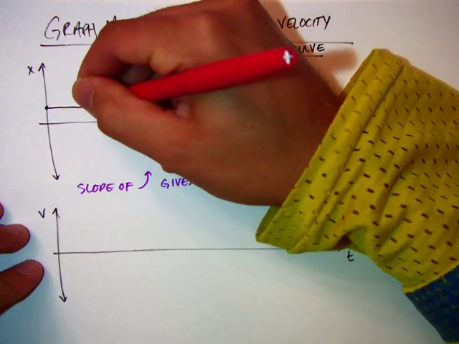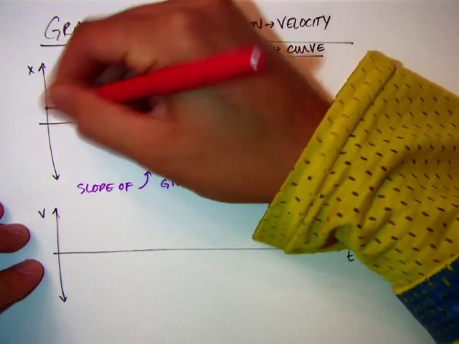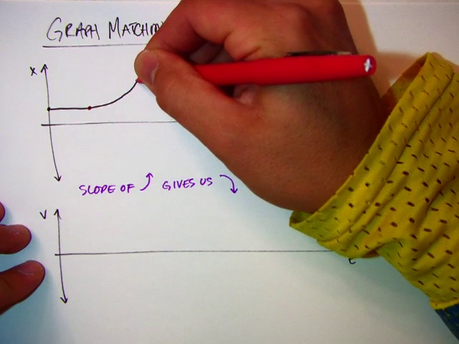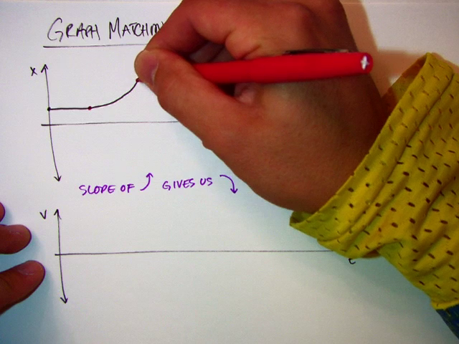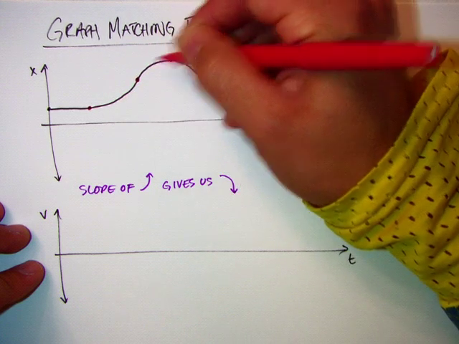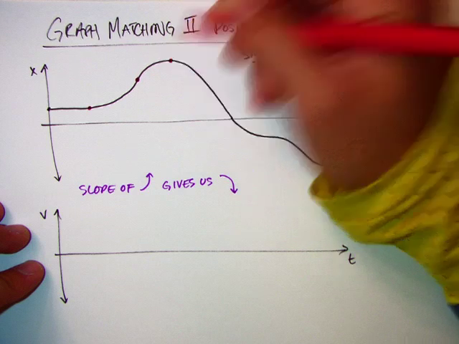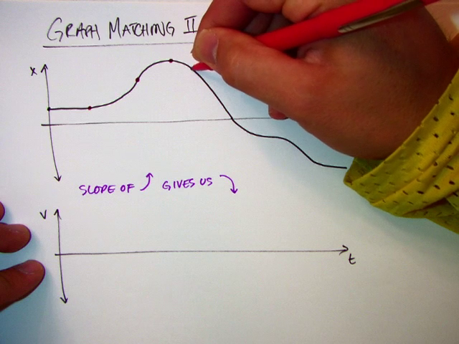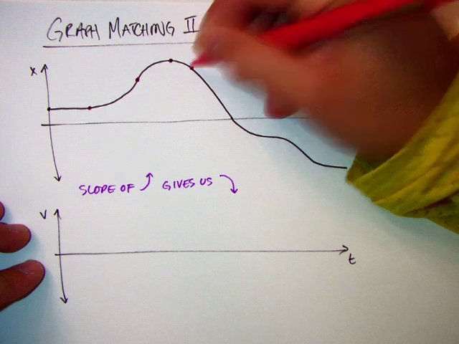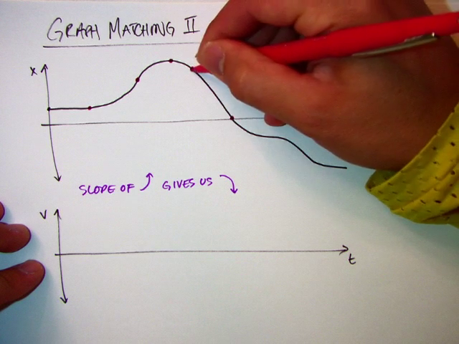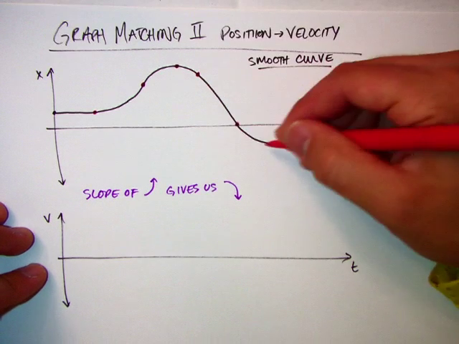So the first segment I'm going to put is here, where the position's not changing, and then from here to about here I have an increasing slope, and then from here to here my slope is decreasing where I'm at a maximum position, and then from here to here it's a decreasing curve, and then from here to here it's a straight line.